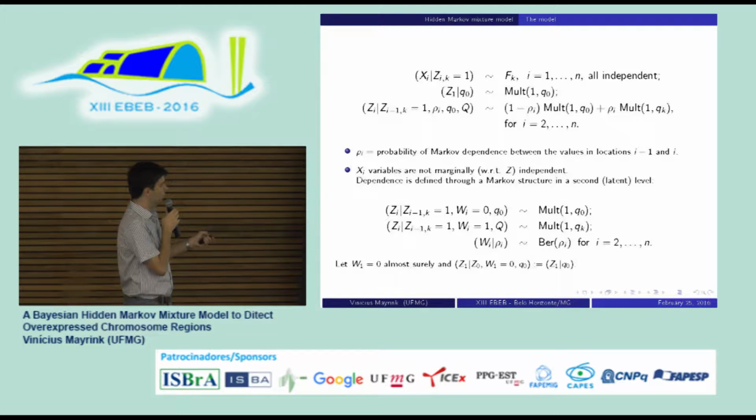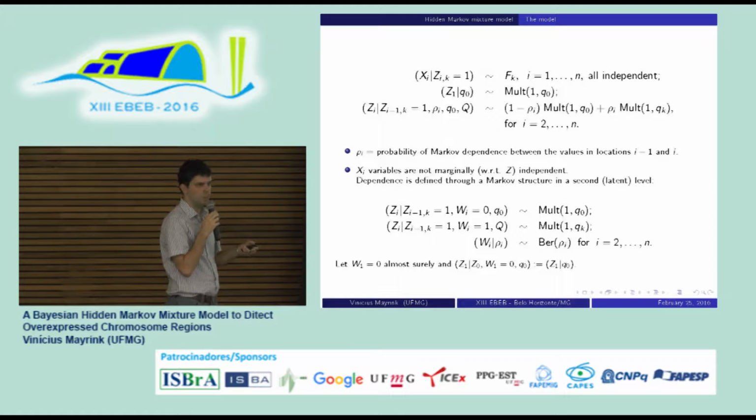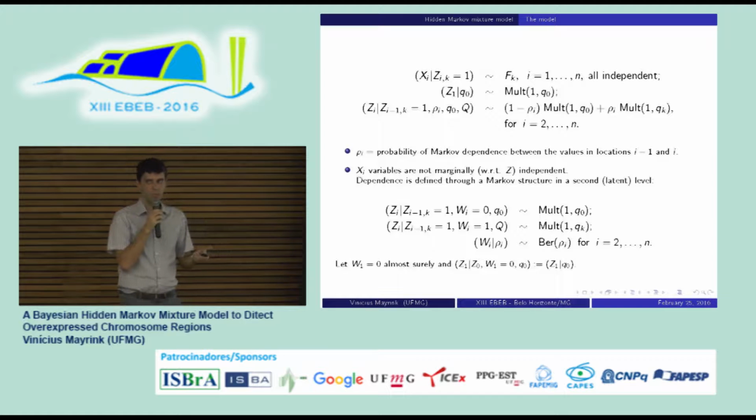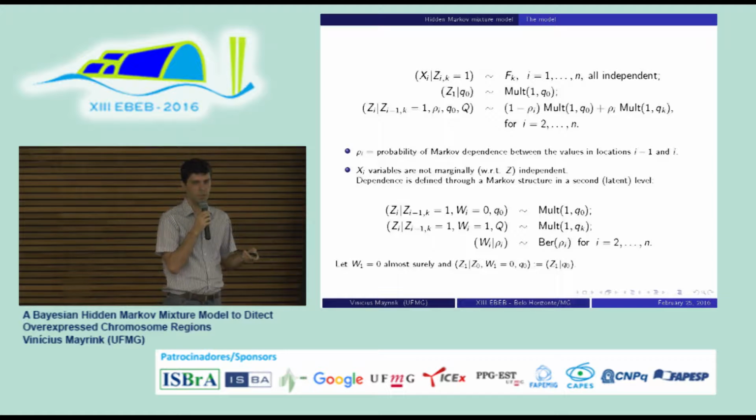And here we introduce the Markov dependence. Given the classification of the previous value, the model will choose between a multinomial distribution with some probability that indicates independence, or one of the rows of the transition matrix, introducing the Markov dependence.